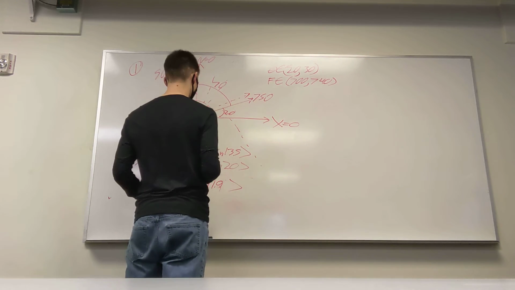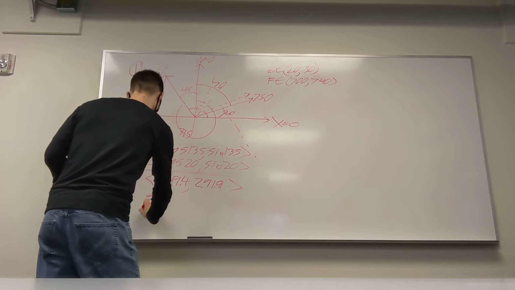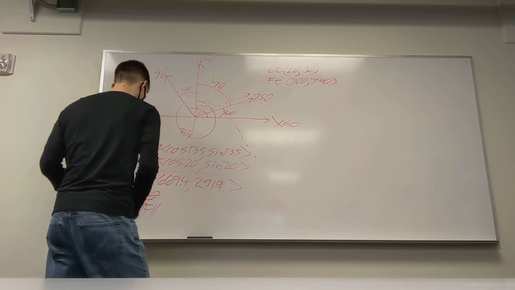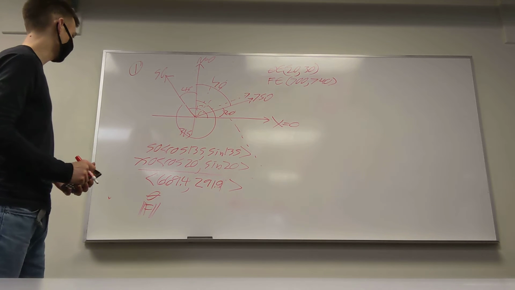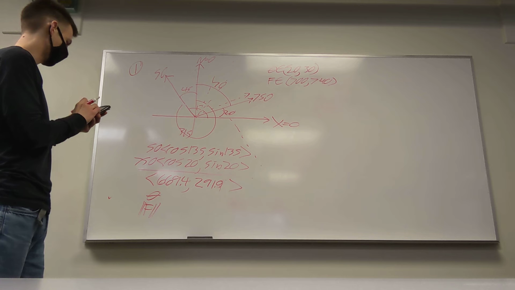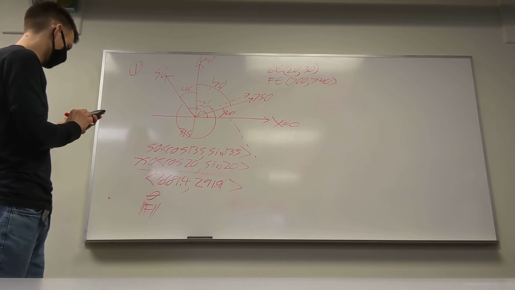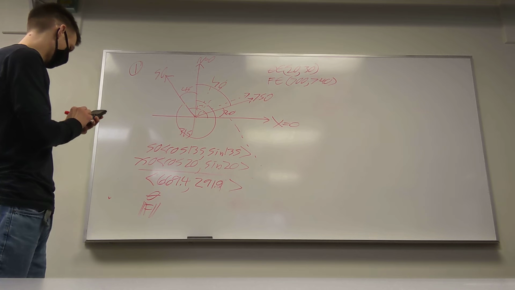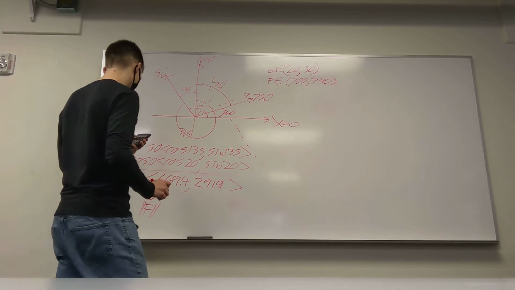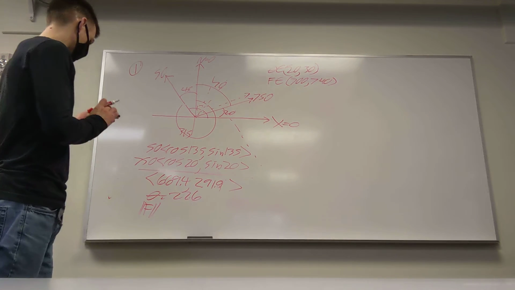Right? So what's the theta? And I want to find the force, the magnitude. So the magnitude is the speed of the airplane. The angle tells me the direction it's going to fly. So theta is arc tangent of 291.9 divided by 669.4, and I get 22.6.